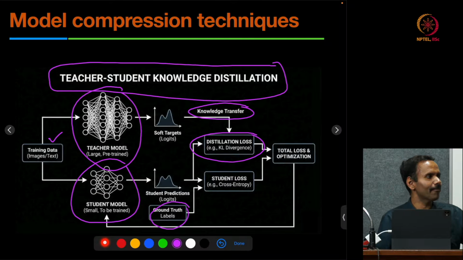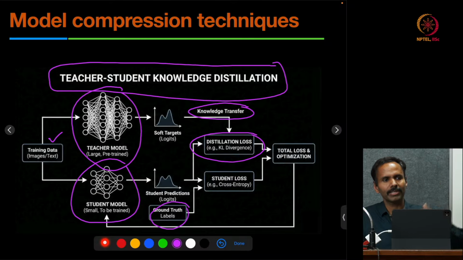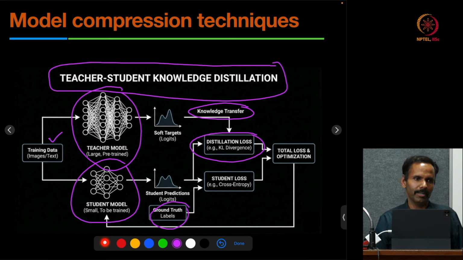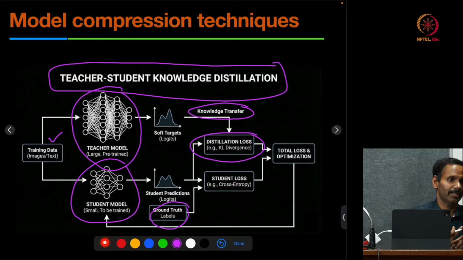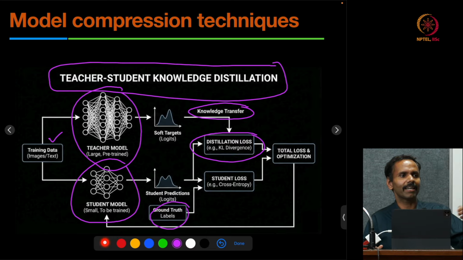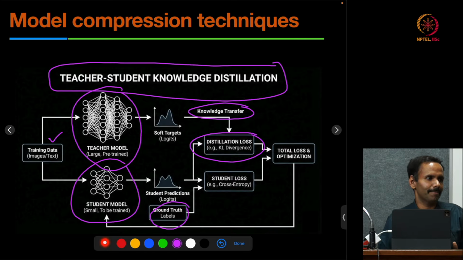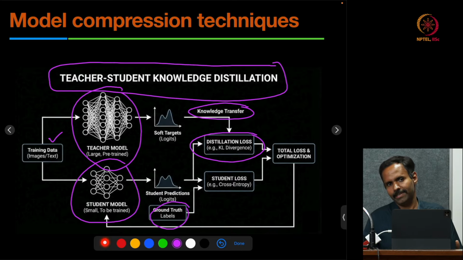Right? Purely if you are going to do the expected output itself, then you don't need a large model. You're not trying to approximate the behavior of a large model. Then people have shown that it is not as good. Right? Allowing it to distill, understand some behavior of the large model is almost always beneficial than not having this. Right?